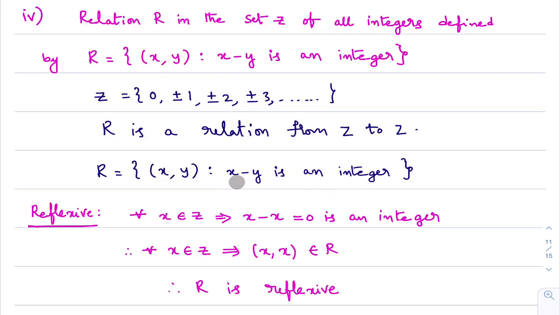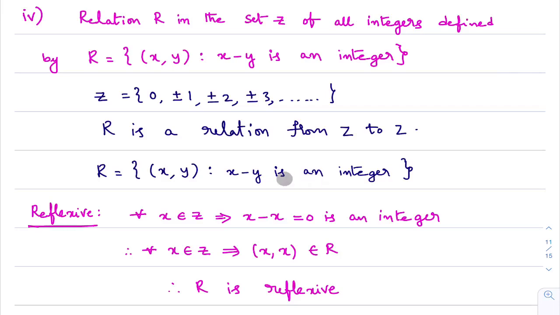You take x is 3, y is 4. 3 is an integer, 4 is an integer. 3 minus 4 is minus 1. Is minus 1 an integer or not? Yes, minus 1 is an integer. You can check that if you take any 2 integers and subtract, again you will get an integer. No doubt in that. As we completed SSLC, we know this point. Subtraction of any 2 integers is always again an integer.